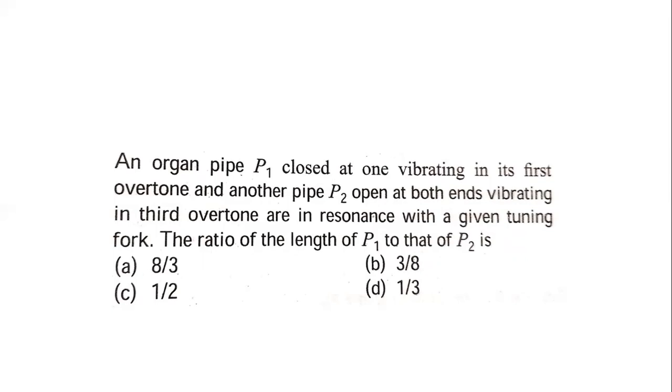So your third overtone means it is 4 times the fundamental frequency. Therefore, write down the equation: 3 times V by 4L1 must be equal to 4 times V by 2L2. And just simplify, you will get the result.